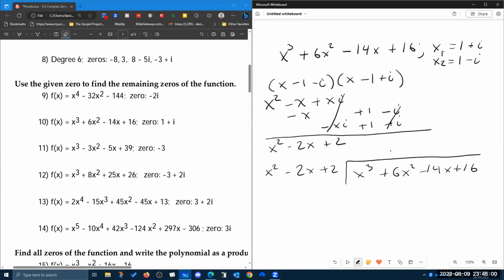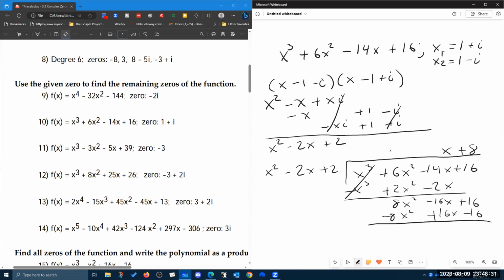x squared goes into x cubed x times. x to the third, negative 2x squared, positive 2x, change my signs and add. 8x squared minus 16x, drop down the 16. x squared goes into 8x squared 8 times. 8x squared minus 16x, positive 16, change my signs and add.